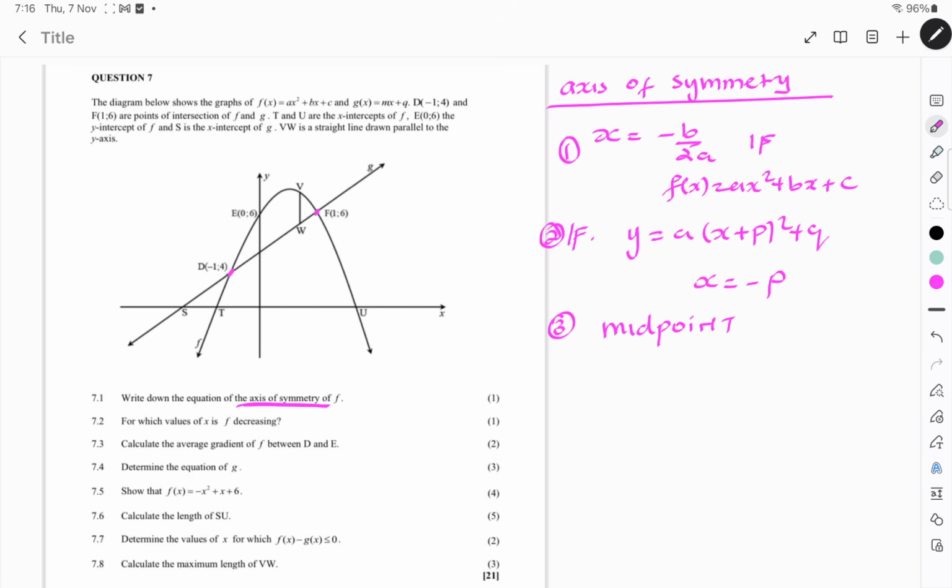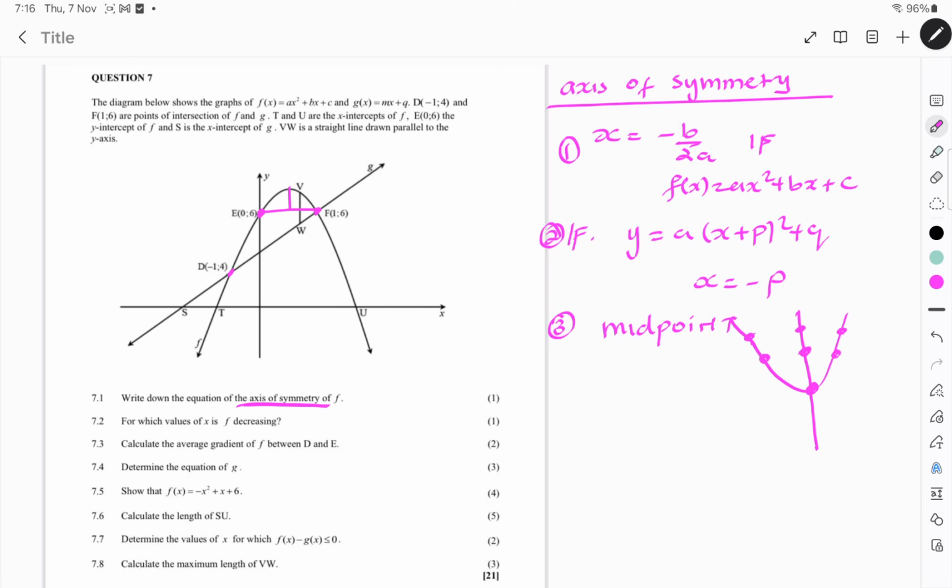Remember, the axis of symmetry is where it cuts the graph into 2 equal parts. So if I'm having this as my graph, the axis of symmetry will definitely be here. So if I have this point and this point, I can get this one as the midpoint. If I have this one and this one, I can get this one as the midpoint. Do you understand? It means if I'm having a 6 this side and also a 6 this side, I can get the midpoint here.